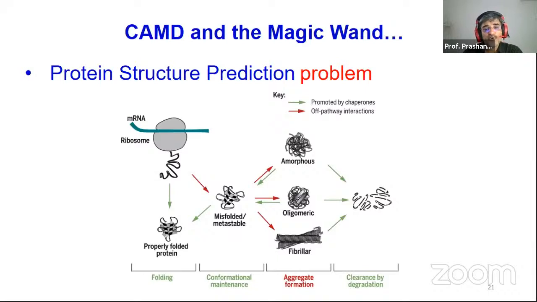If it gets misfolded and goes to other states, these molecular chaperones will eventually bring it back to the properly folded protein, because if it doesn't fold properly, it will not be able to execute its function because of the improper 3D shape. So that's why these things happen in a few milliseconds with utmost precision. But to simulate that using a computer is very difficult, right? We have some understanding, but we are still far away from predicting the protein structure.